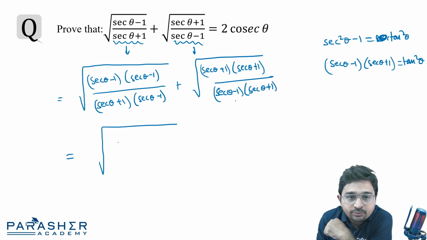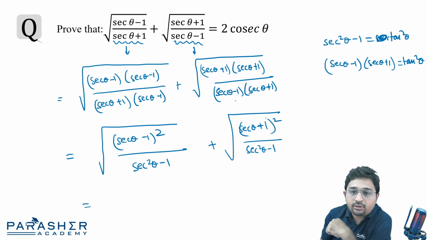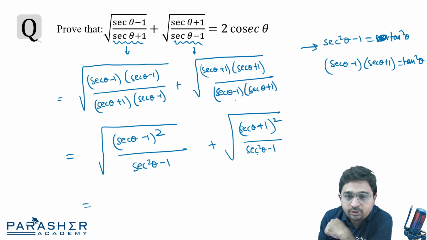What this whole thing becomes is, the denominator becomes tan square theta from here, and here also the denominator becomes tan square theta. So overall, everything is perfect square. It boils down to secant theta minus 1 by tan theta plus secant theta plus 1 by tan theta.